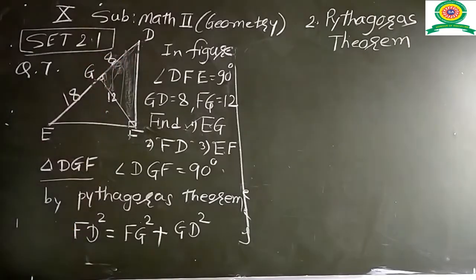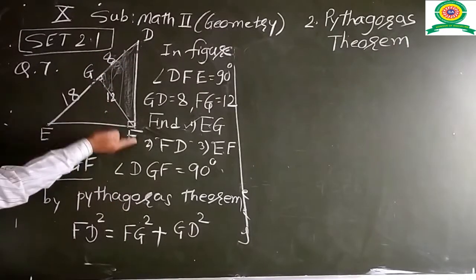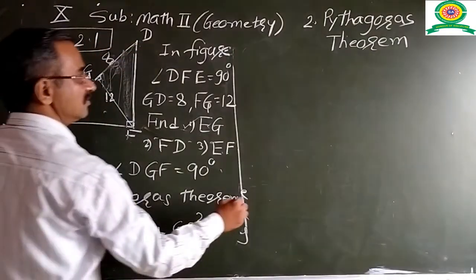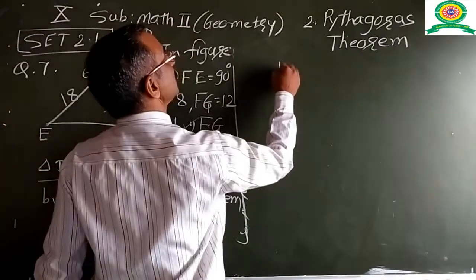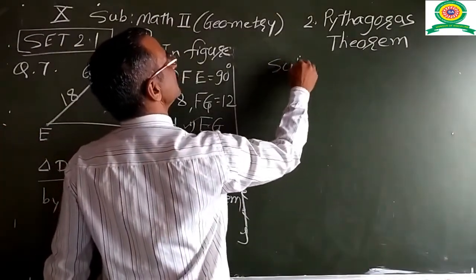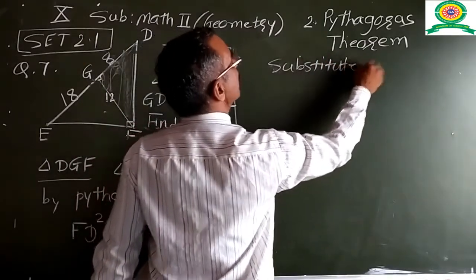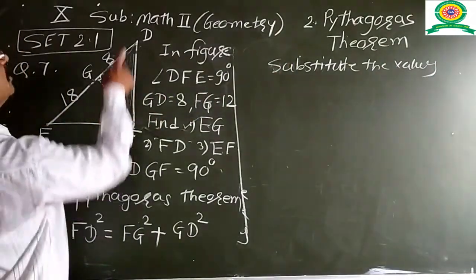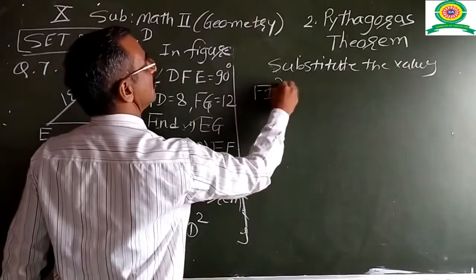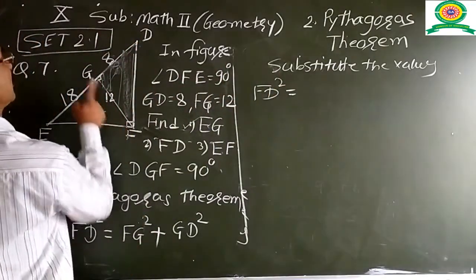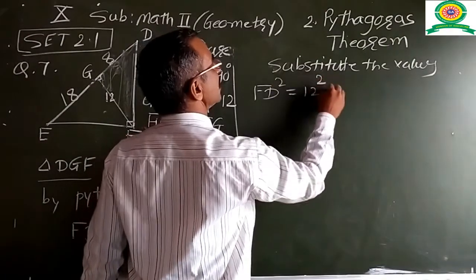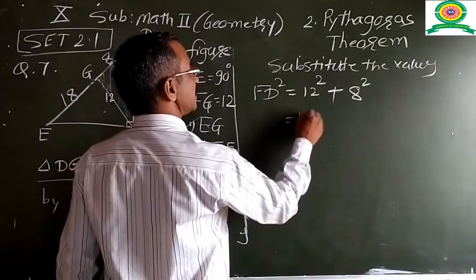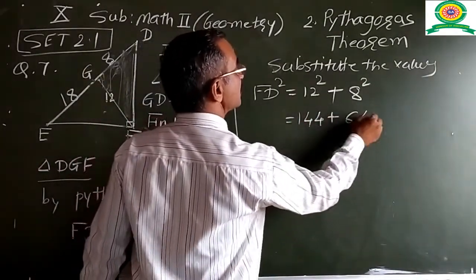So by substituting the values, FD square, which we do not know, is equal to FG square, 12 square, plus GD square, 8 square. So 12 square is 144 and 8 square is 64.